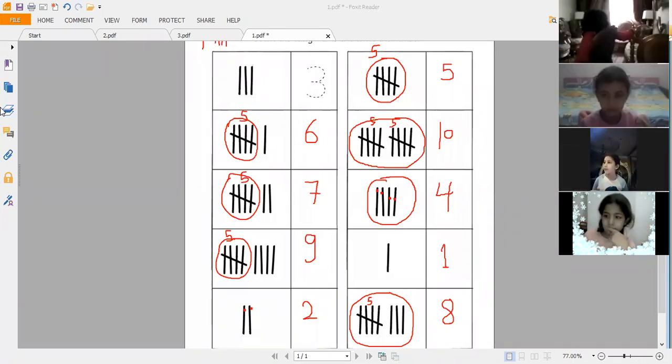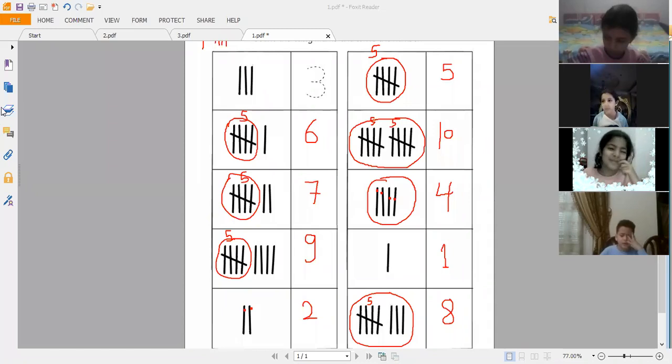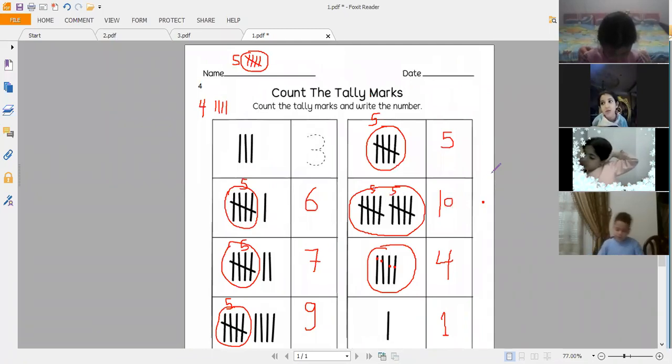Okay, do you understand the tally marks? Yes, I make it. Batul, do you have a question? Can I read the question? Shahid, do you have a question about the sheet?